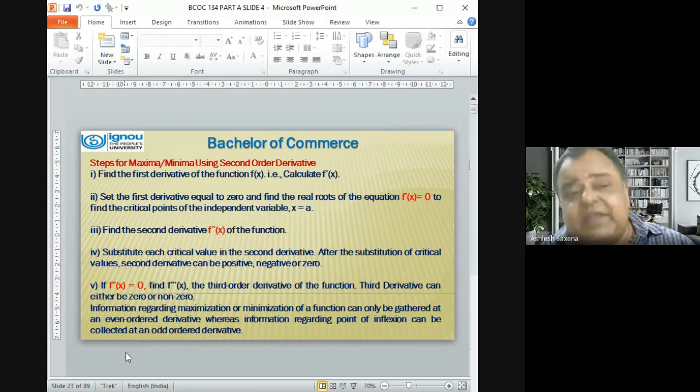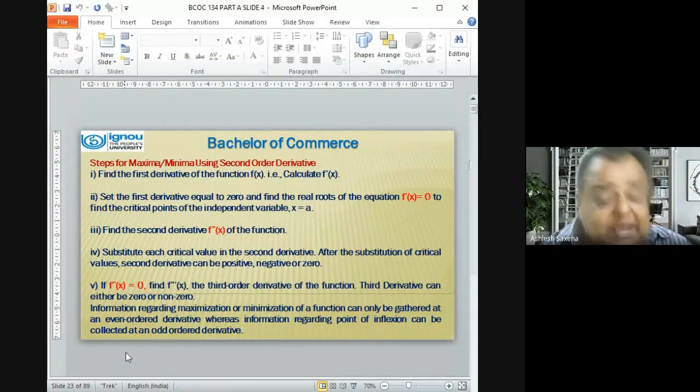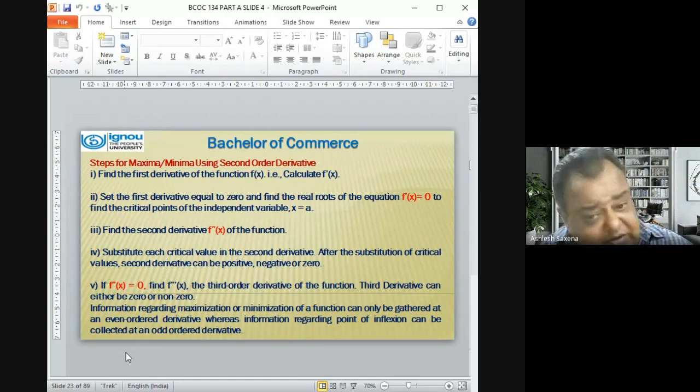If your second derivative is greater than 0, it is a point of local minima. If your second derivative at that point is less than 0, that is a local maximum. And if your second derivative is 0, then you have to find the third derivative. The third derivative can be 0 or it can be not.